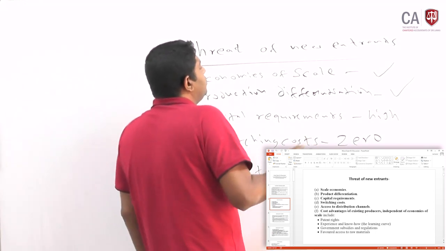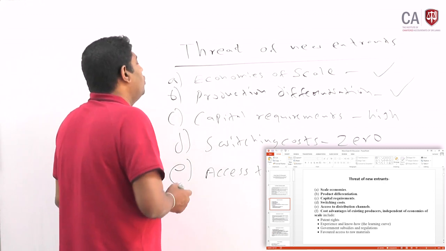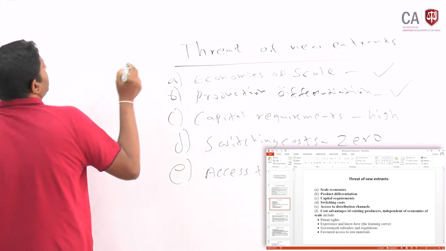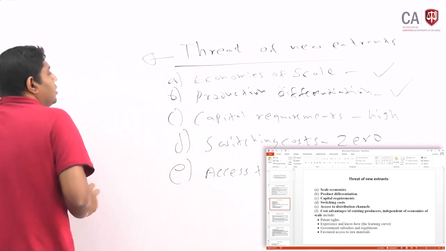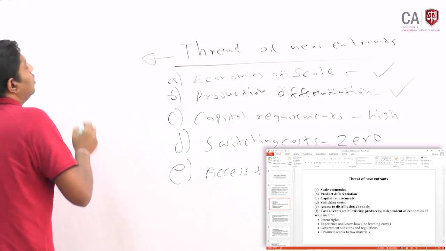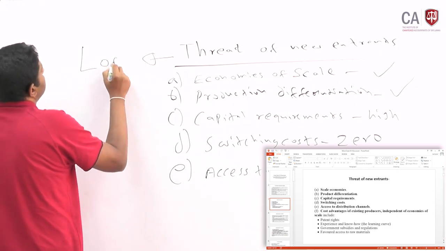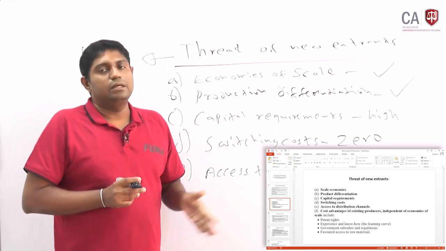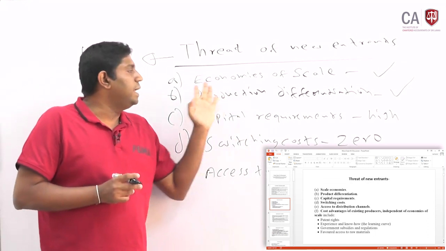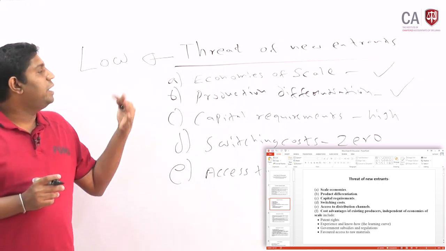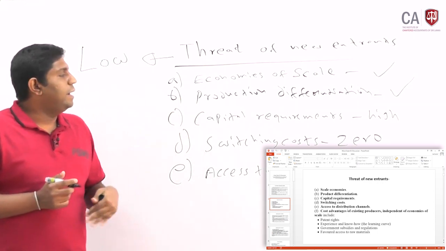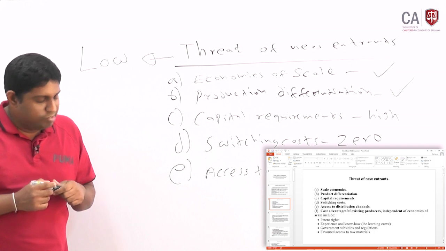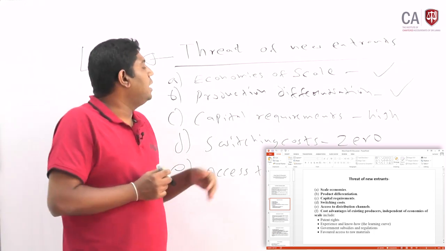Right. What about the threat of new entrants? Is this high or low? From an existing player's point of view, I can say the threat of new entrants is low. Why am I saying low? Because existing players enjoy economies of scale, and they have applied a differentiation strategy, and normally this requires high capital.